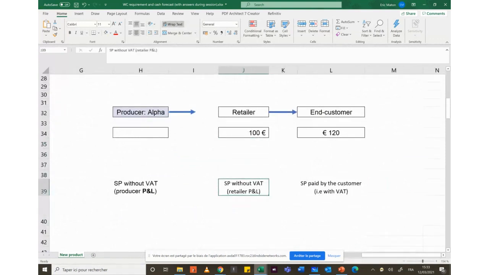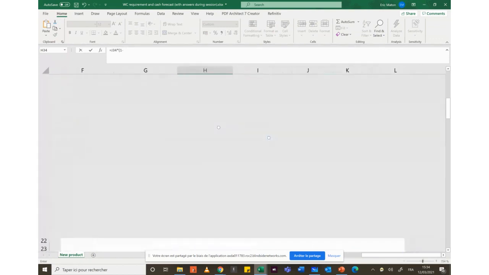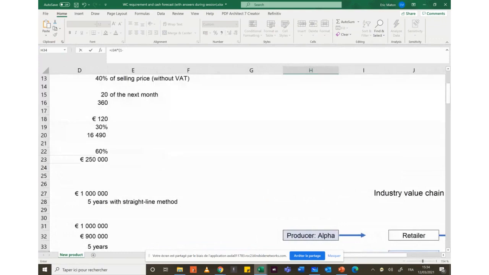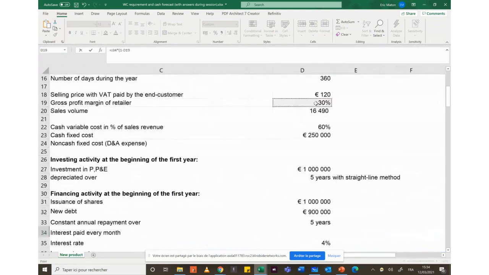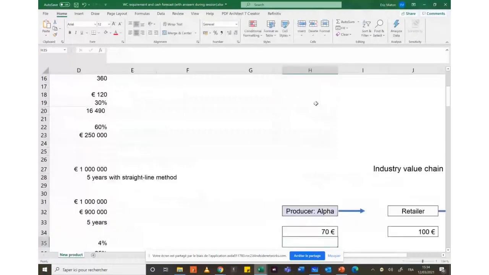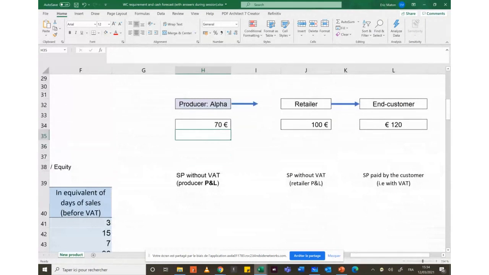And now what we want is the selling price for us as the producer. We know that the retailer wants a gross profit margin of 30%. So it means if we have 30% here for the retailer, the purchase price for the retailer is the rest.